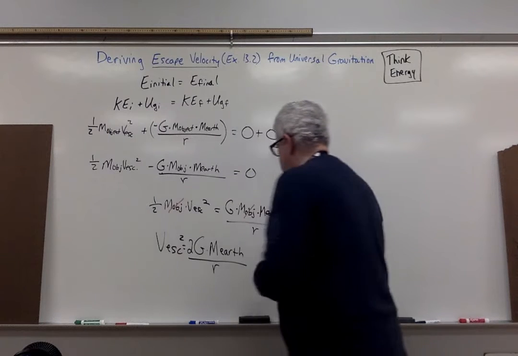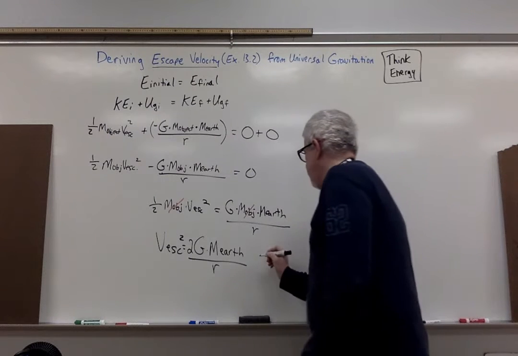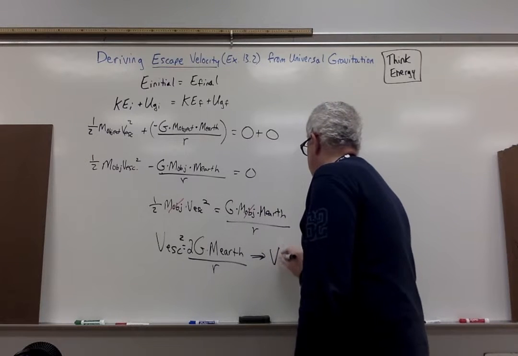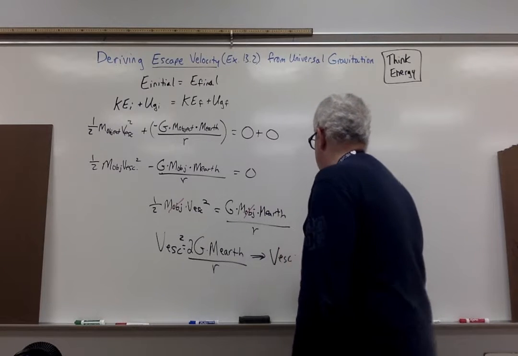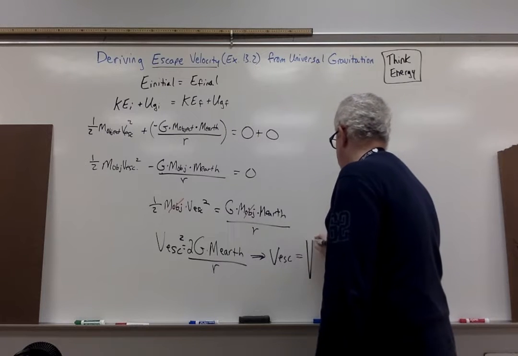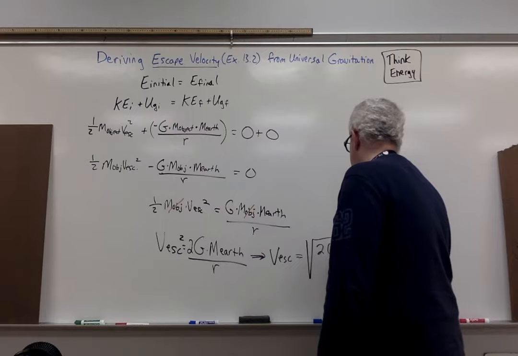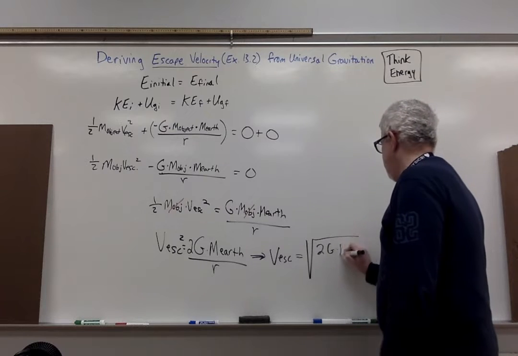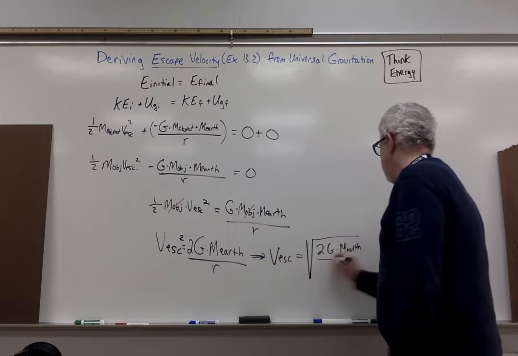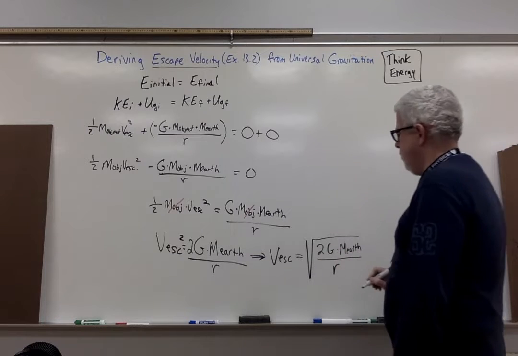To simplify that and just get escape velocity, v escape equals radical 2 big G mass of the planet, in this case if we're talking about the Earth, over r.